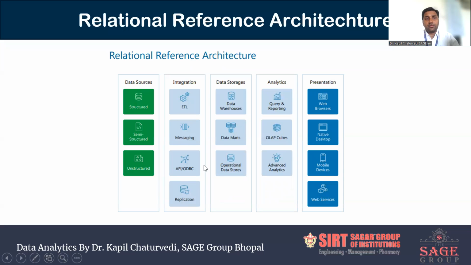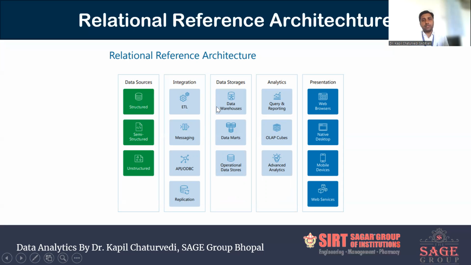Here we have one diagram where we can easily understand what kind of process we have to follow to mine the knowledge. Actually, what process we adopt to mine the knowledge. So here we have a simple relational reference architecture in which we have data sources. Data sources mean data may be structured, semi-structured, or unstructured.